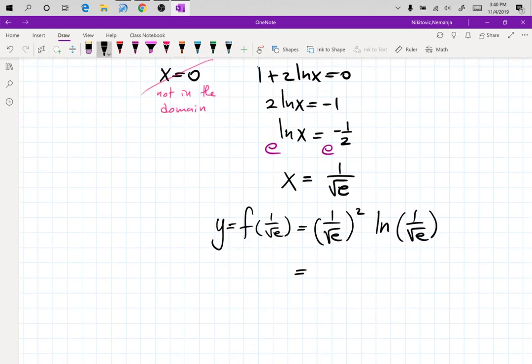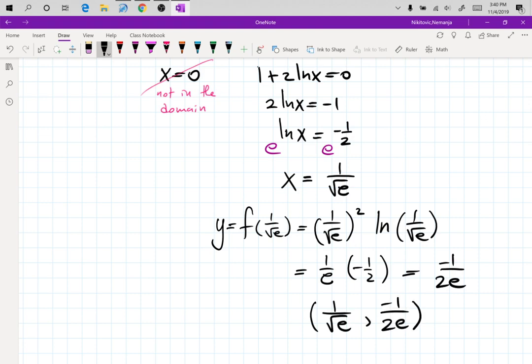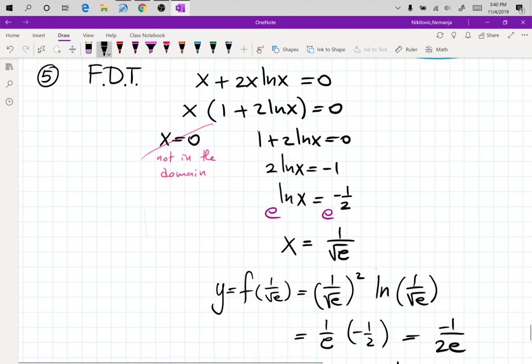As you compute this, you get 1 over e times ln of e to the negative 1/2, so it's just going to be negative 1/2. So the whole thing is negative 1 over 2e. So we have a critical point at 1 over root e, comma, negative 1 over 2e. And we have to see what that thing is.